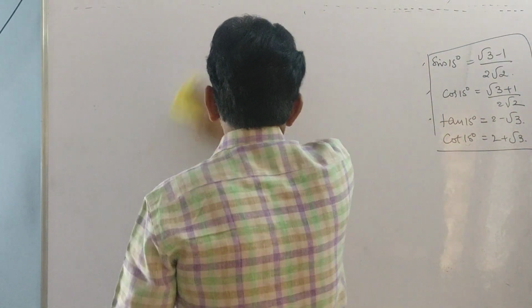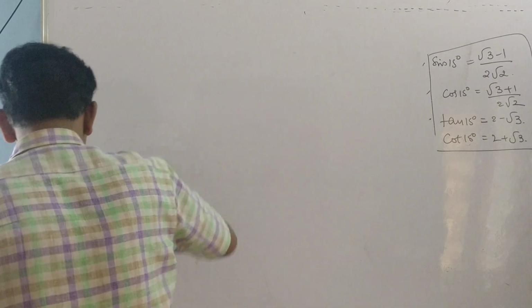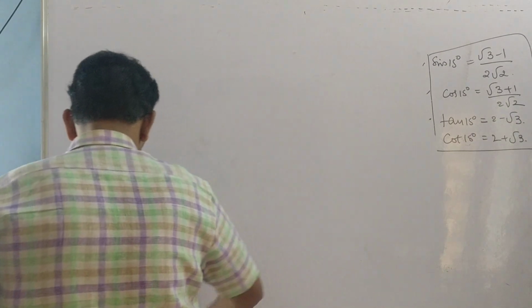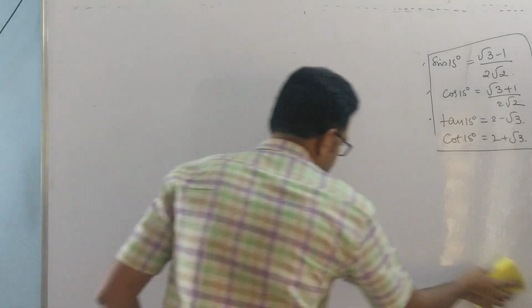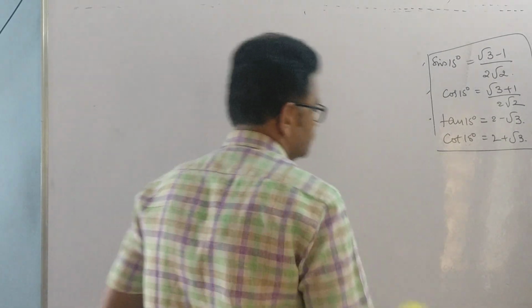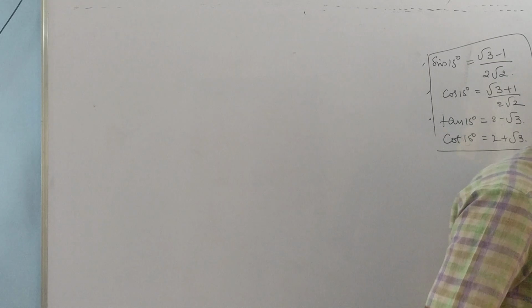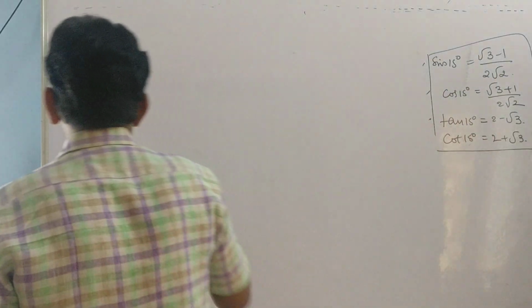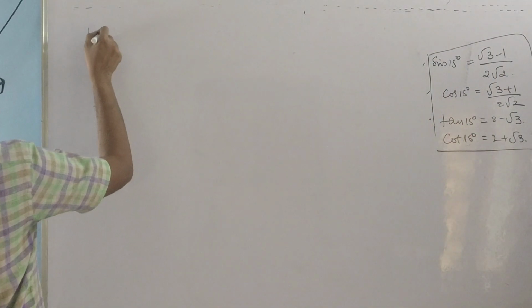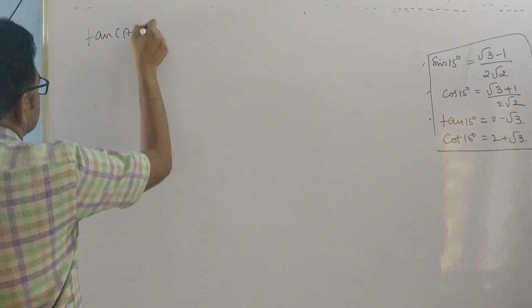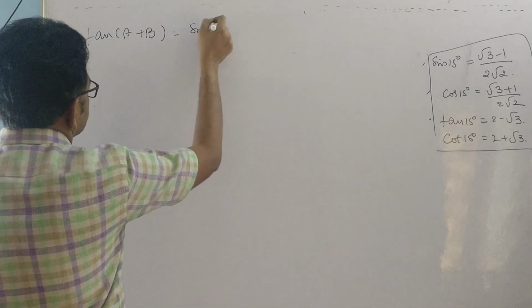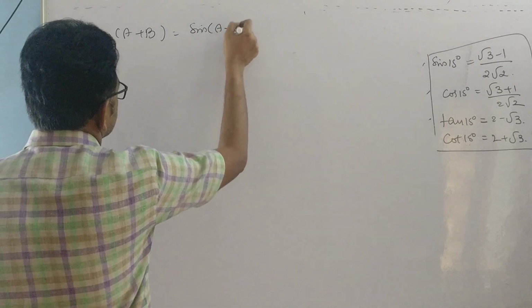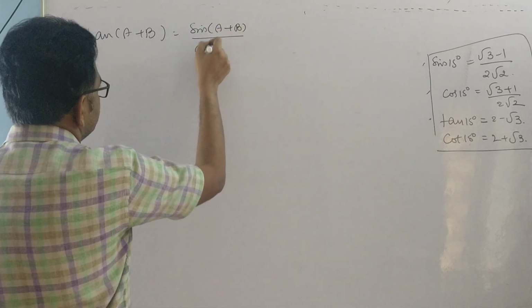Next one, tan of a plus b is equal to sin of a plus b by cos of a plus b.